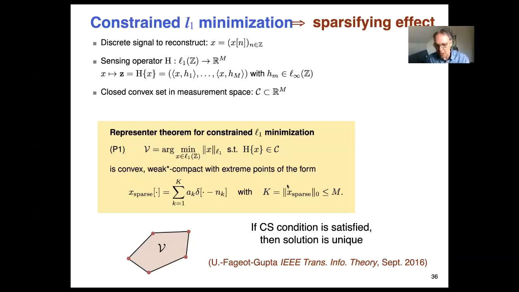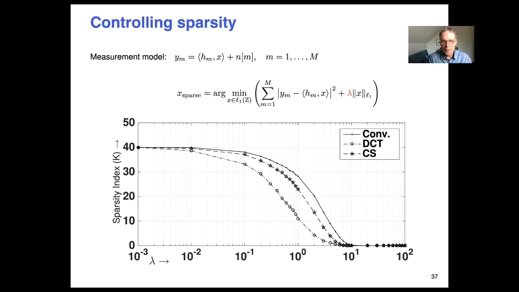Now, if the conditions of compressed sensing are satisfied, then we know the solution is unique. And then this theorem actually shows that the solution is sparse. But this theorem works also when the conditions of compressed sensing are not satisfied. So there are still sparse solutions of the optimization problem.